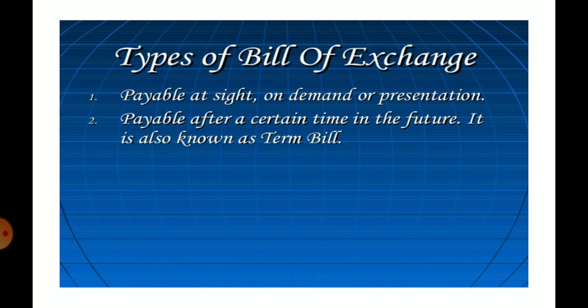Now, what are the types of bills of exchange? First is payable at sight, on demand or presentation, and the second is payable after a certain time in the future. It is also known as a term bill. Okay?